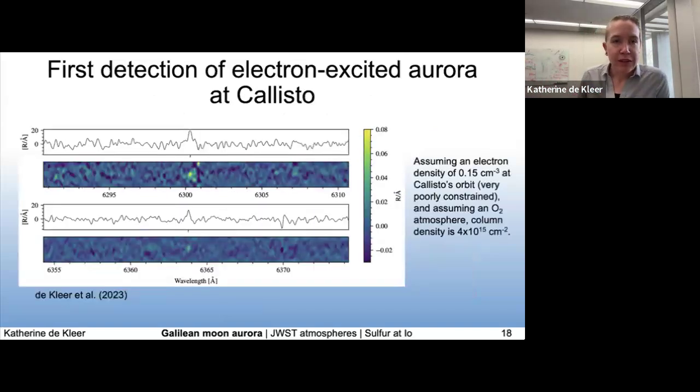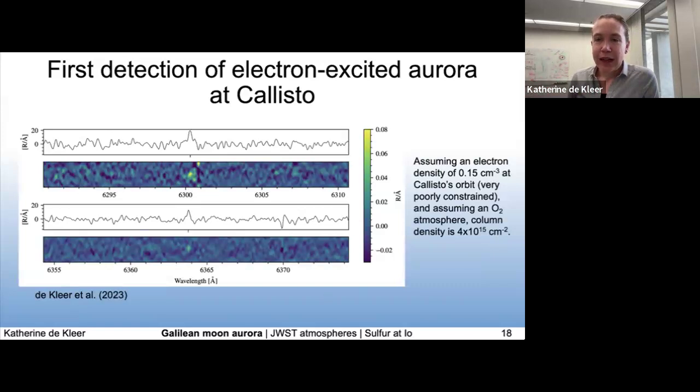But we newly detected aurora at Callisto when it was in shadow, so directly telling you that in fact these aurora are being excited by the electrons. So that was exciting. We want to follow up on this to actually put constraints on the composition of the atmosphere, but Callisto only eclipses every 6 years or so. So we haven't been able to return to this campaign, but next year it will start eclipsing again. And hopefully we can actually detect more than just this single red line.